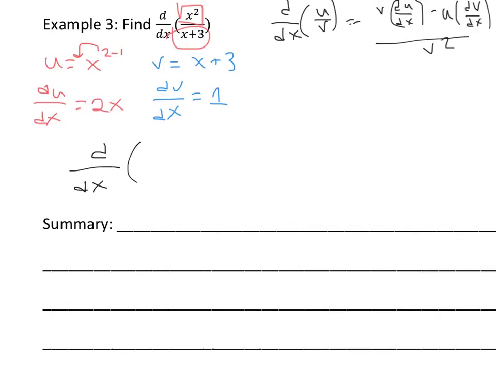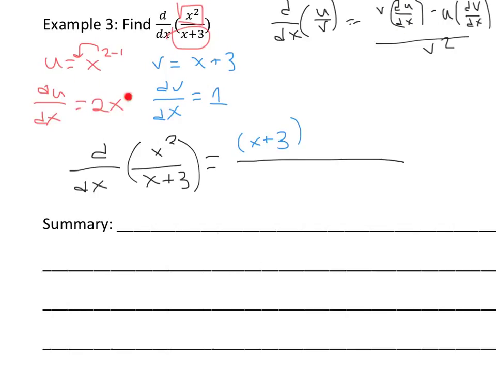So then we can say that d dx of x squared over x plus 3 is equal to, I'm just going to draw the fraction bar to help us out. I need to start with my v function because that's what my formula tells me. So that is x plus 3. And then I need to multiply it by the derivative of u, which in this case is 2x.